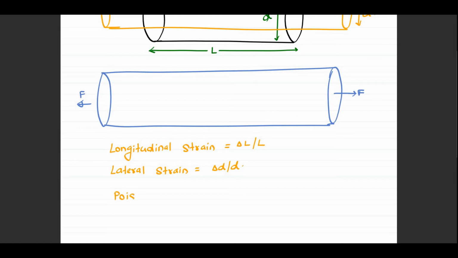And Poisson's ratio is equal to minus of lateral strain by longitudinal strain.